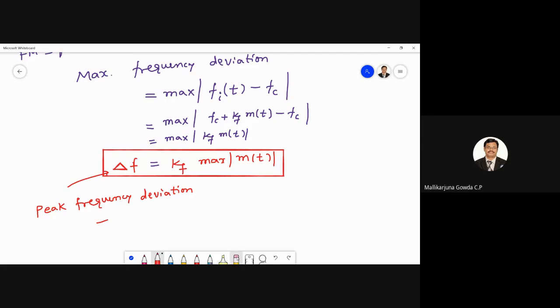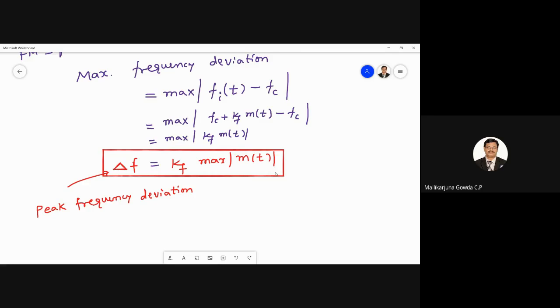Delta f gives the change in the frequency of the modulated signal, how much change has happened from its unmodulated value. It is proportional to Kf into the maximum amplitude of the message signal. Delta f is equal to Kf into the maximum value of m of t.